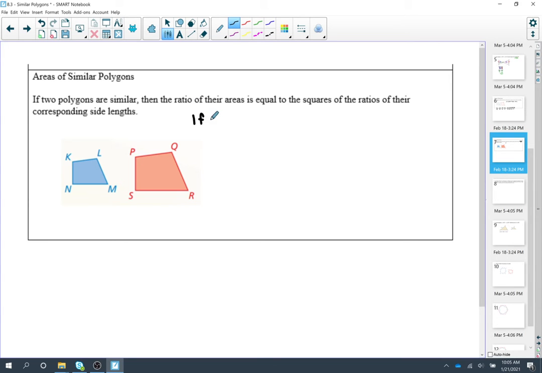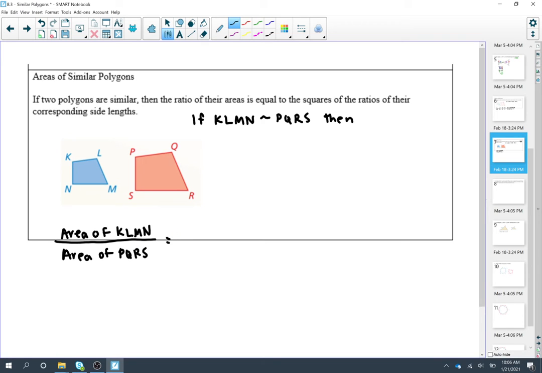So if KLMN is similar to PQRS, then this time we're going to be talking about the areas. So I'm going to start with area of KLMN over the ratio of the area of PQRS is equal to.